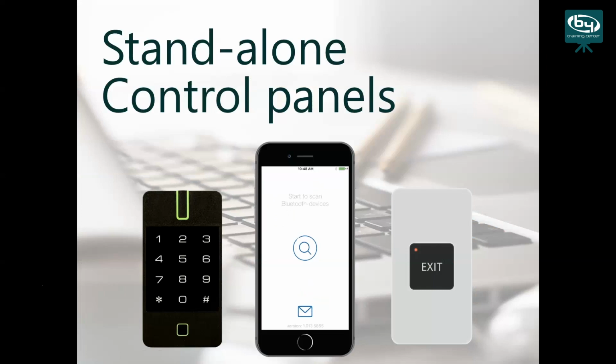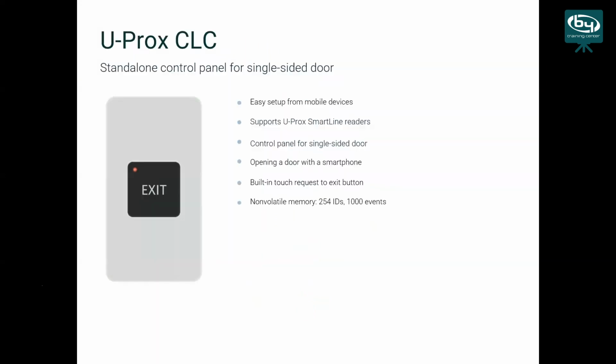Standalone control panels. Also, we have a solution, standalone controllers, which don't require any software or any type of database. In this case, this is the U-Prox CLC. It's a standalone control panel, and it has a WGAN 26 input, and also an RS232 input for the SmartLine circuit.